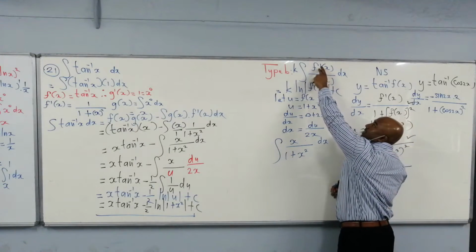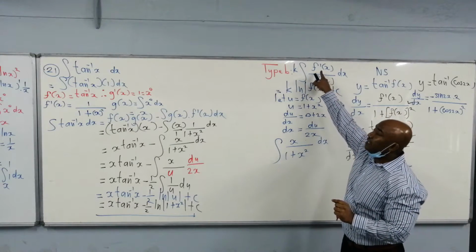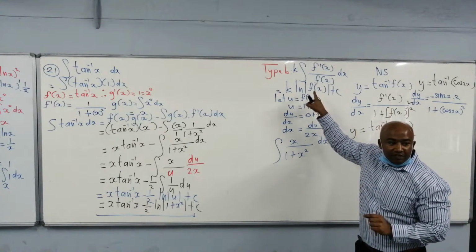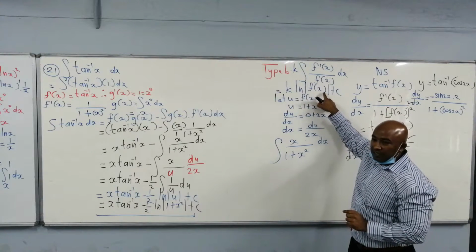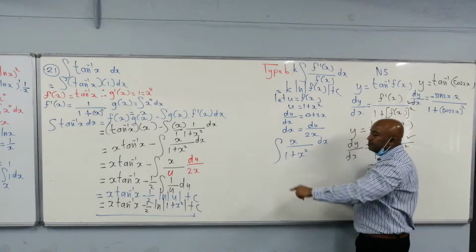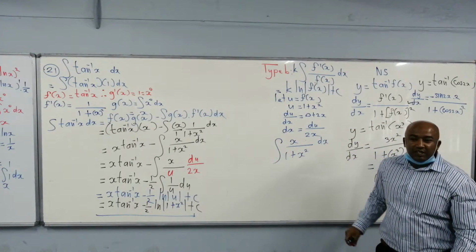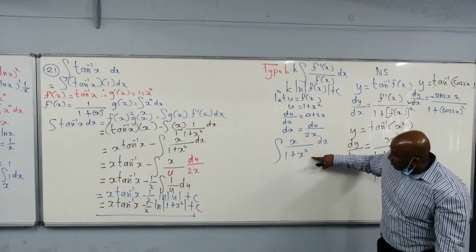This is f prime x and this is f of x. So, if the numerator is an exact derivative of the denominator, then the answer will always be ln of the denominator. Alright, so now, is the numerator an exact derivative of the denominator? No. What is the derivative of x squared?